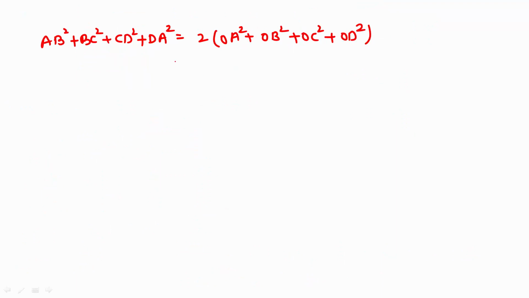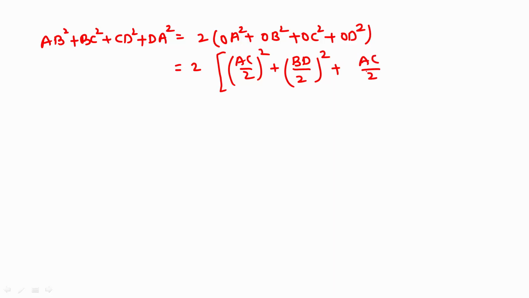So we can write 2 times OA means AC by 2 whole square, plus OB means BD by 2 whole square. Again OC means AC by 2 whole square, and OD means BD by 2 whole square.